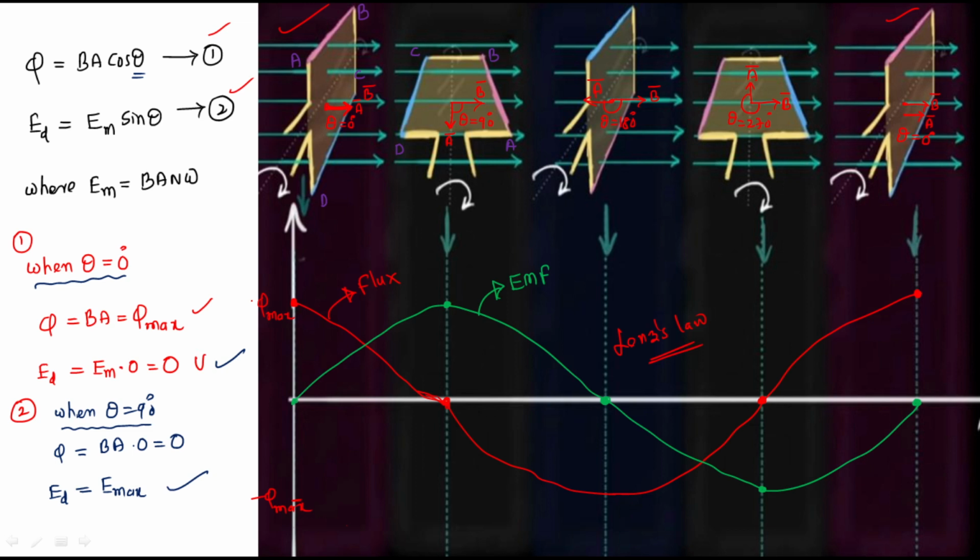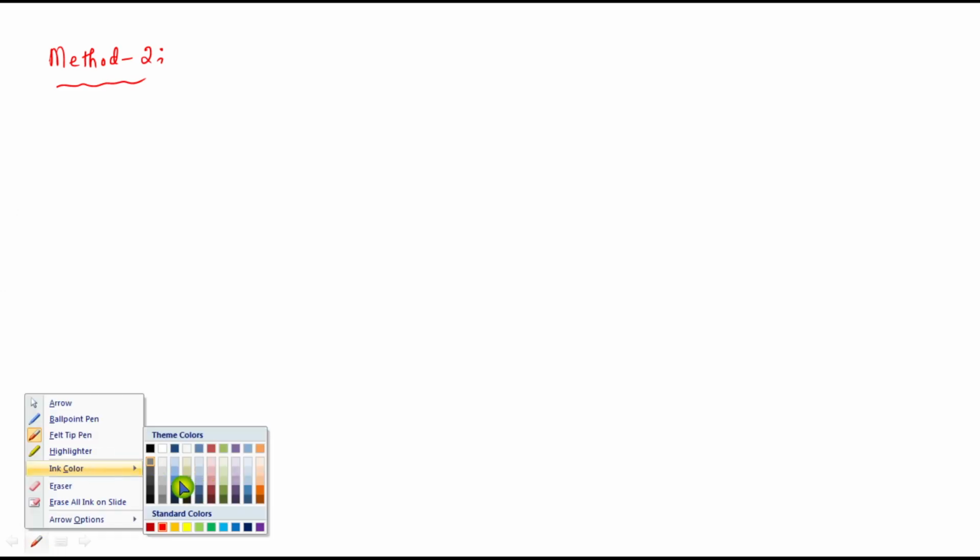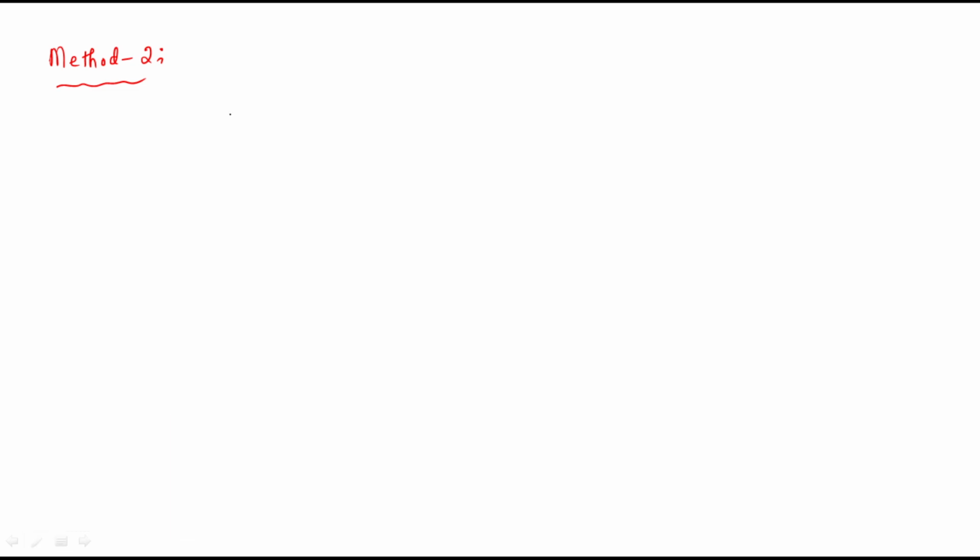Now I would like to explain the magnitude of dynamically induced EMF with respect to the flux cutting rule. Method 2. Whatever the method, you have to understand the concept, right? Whether it is flux cutting rule or flux linkage rule.